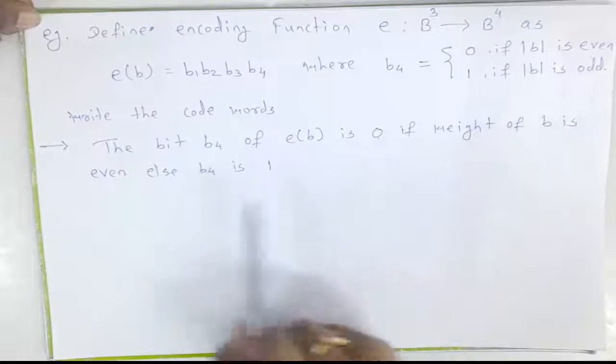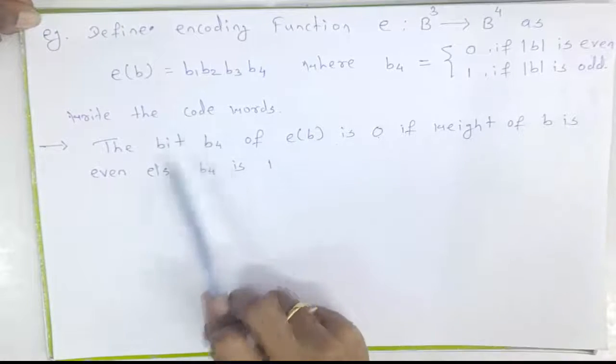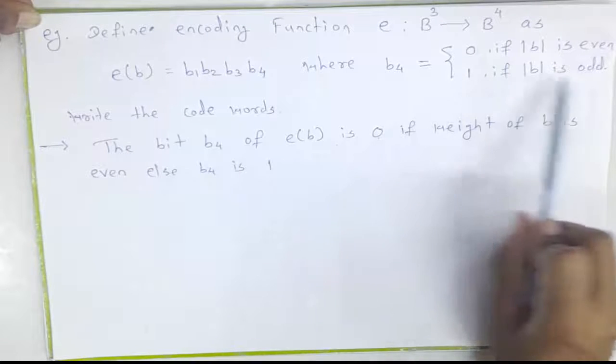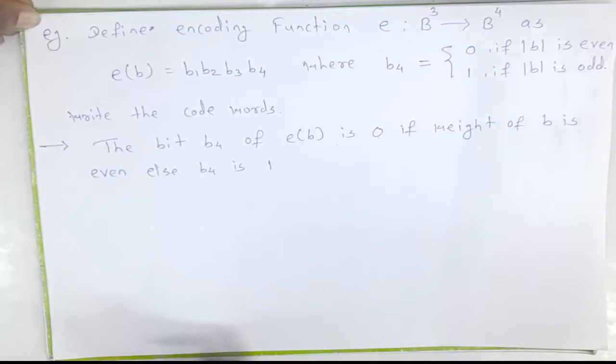That is, b4 is 1 if the weight of b is odd.